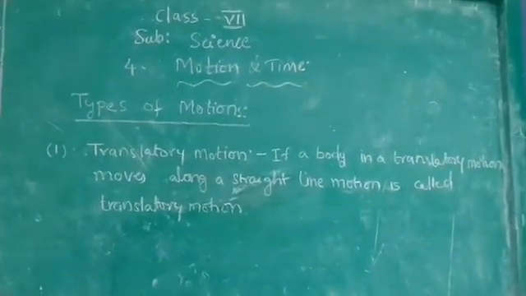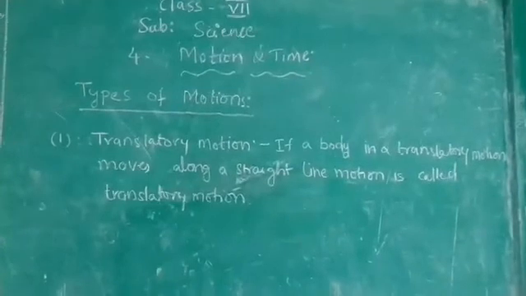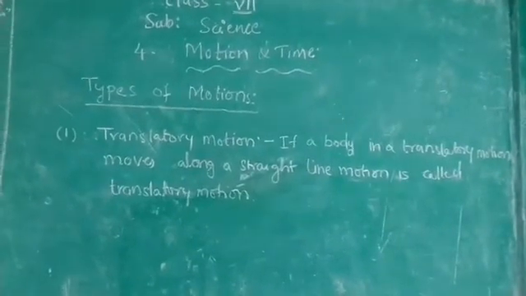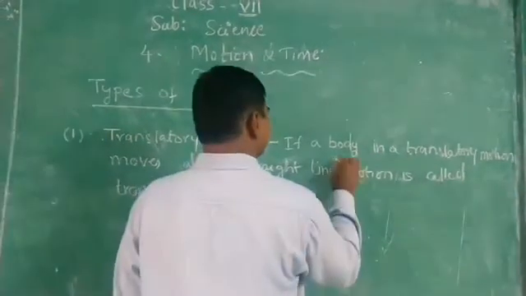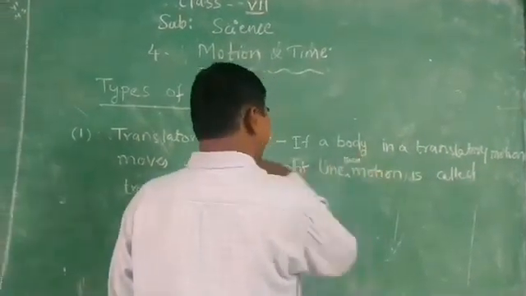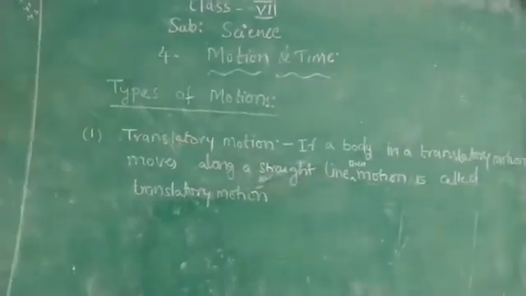Along a straight line, then the motion is called translatory motion.